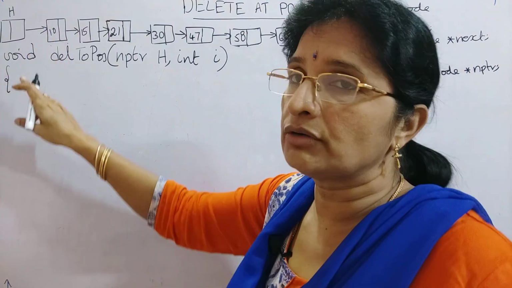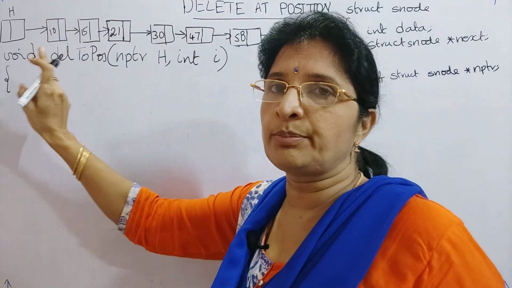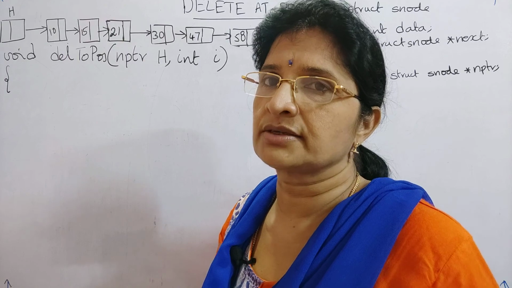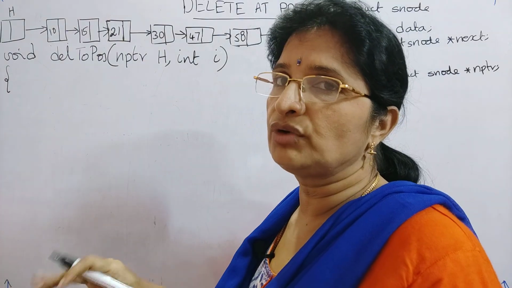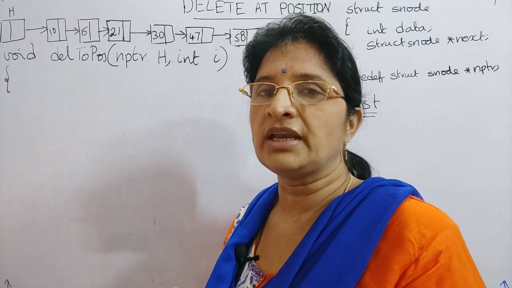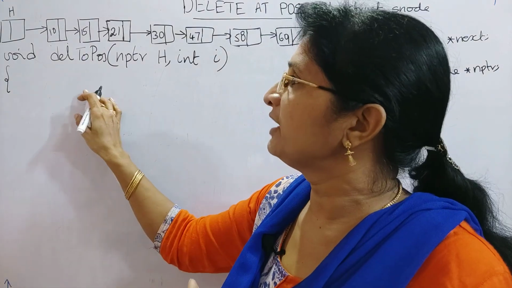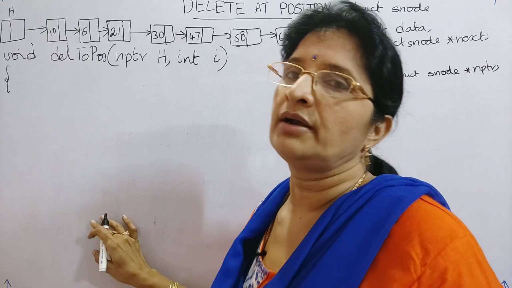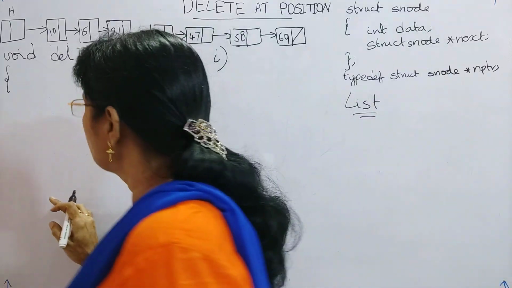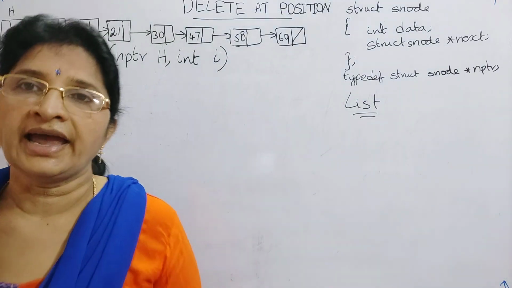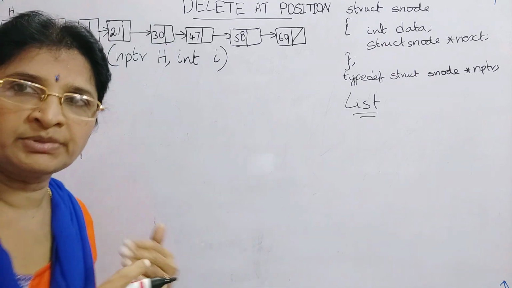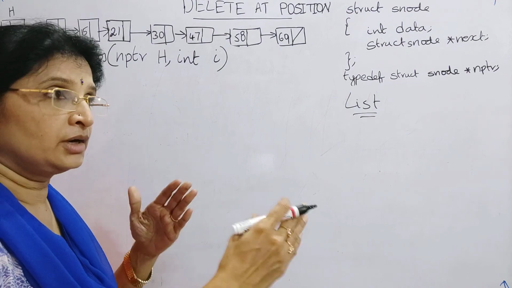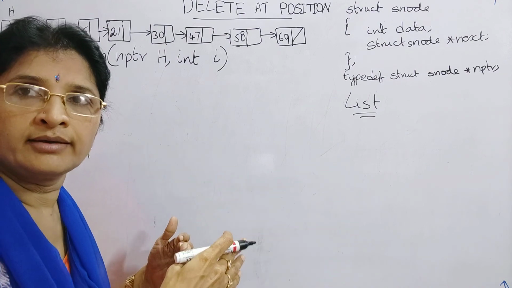So that's why you should not use the header pointer in any of your manipulations. Okay, so for that what you can do is declare some temporary variables, and then those temporary variables can be used in order to perform your task. So that's why here I am using some temporary variables in order to do some modifications to my list.